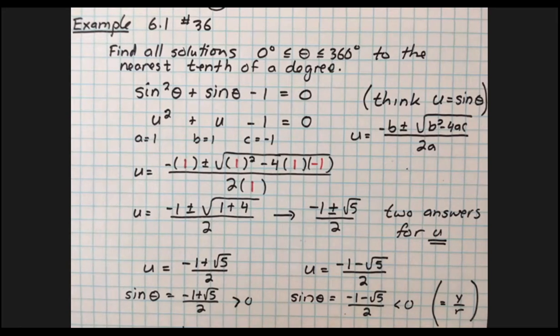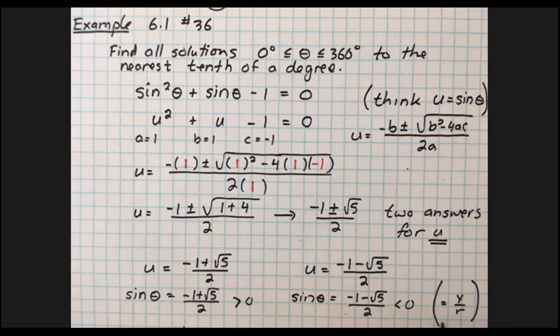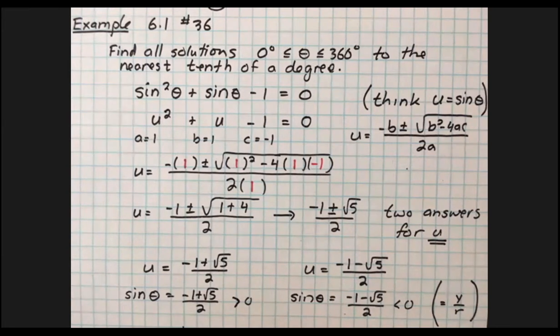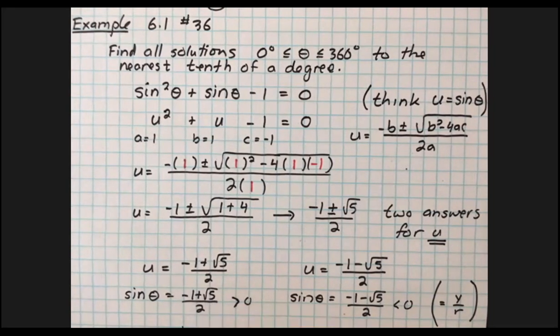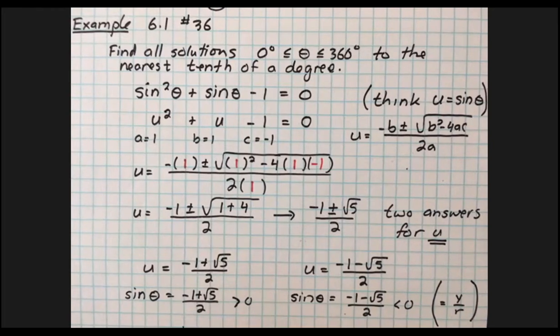Sine is y over r. I could think of the 2 as the r, possibly. I could estimate this -1 plus 2.2, just estimating. This would be about 1.2 to 1.